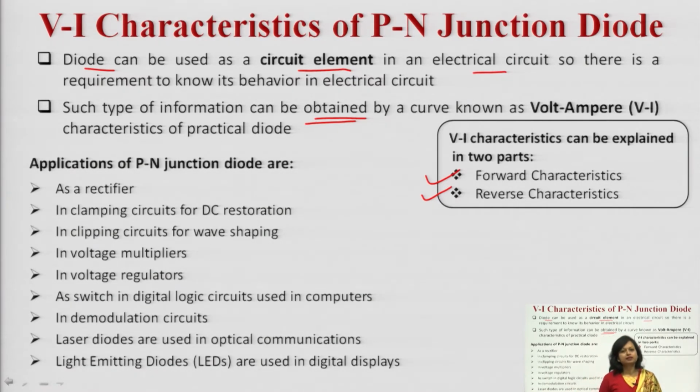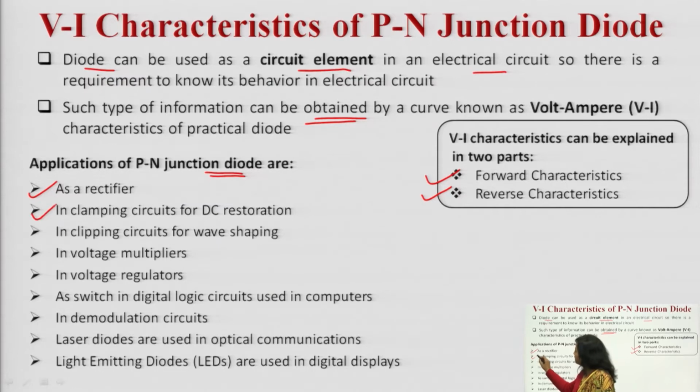Before moving further, let us discuss the applications of a PN junction diode. This is a very important component, you must understand its behavior because it is used in a number of applications. You can note them down. A diode can be used as a rectifier, which converts AC into pulsating DC.